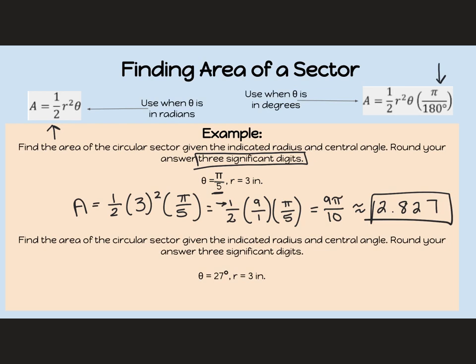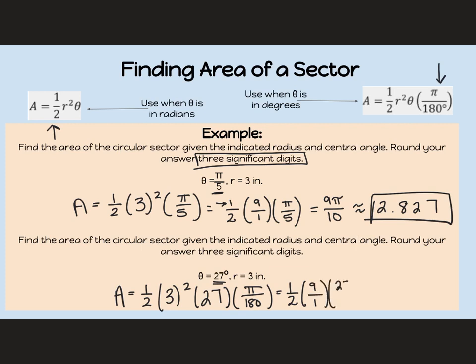The bottom one, the only difference is this is in degrees, so I'm going to use this formula on the right. So again, just plug everything in right where it goes. A equals 1/2, 3 squared, theta is 27, and then this pi over 180 converts to radians for you. So again, 3 squared is 9. I'll just write it as 9 over 1. I'm going to write 27 over 1.